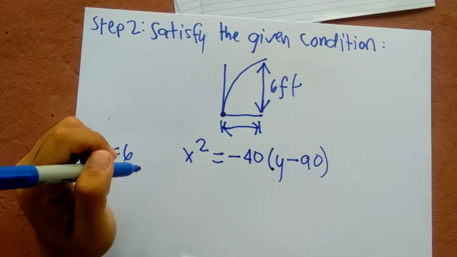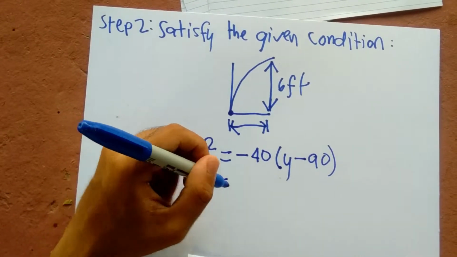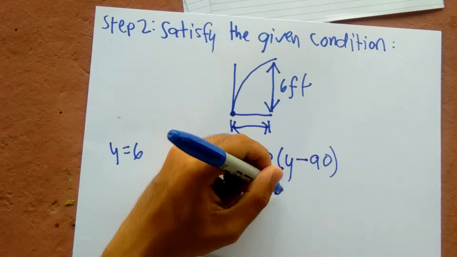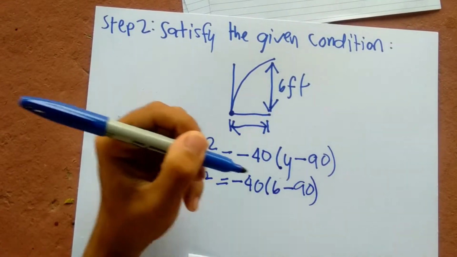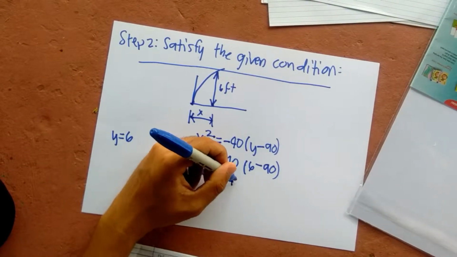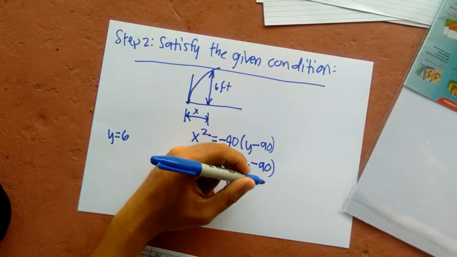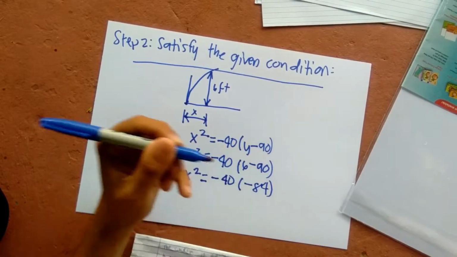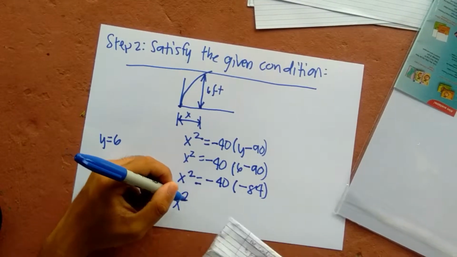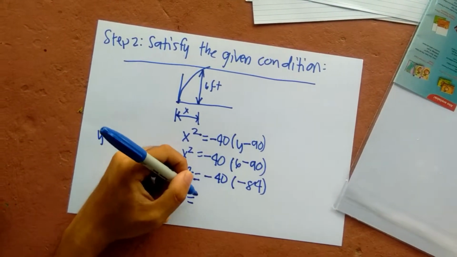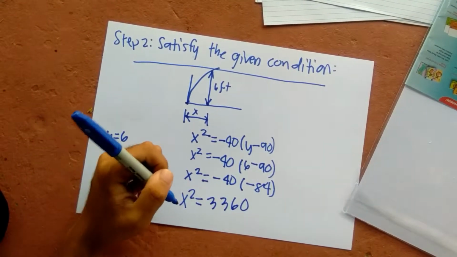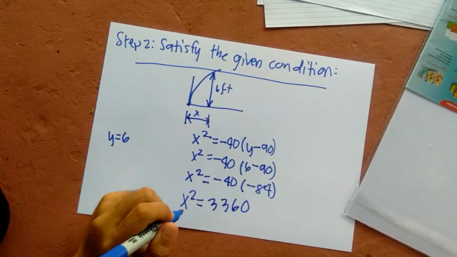So we must substitute 6 here, so x^2 = -40(6 - 90). Then we have x^2 = -40 times -84, and this results to x^2 = 3,360. Now we must find x.